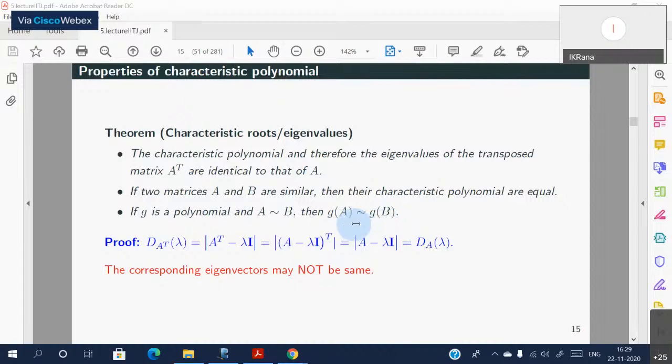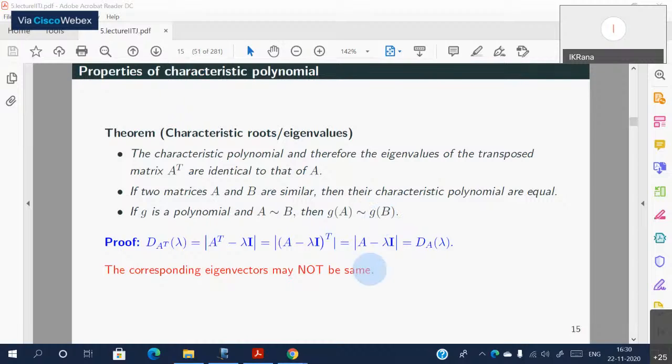Here, for a given polynomial g, you can look at g of A, that means substitute the variable by A. Then if A is similar to B, g of A will be similar to g of B, and that will also imply that the characteristic roots are equal.